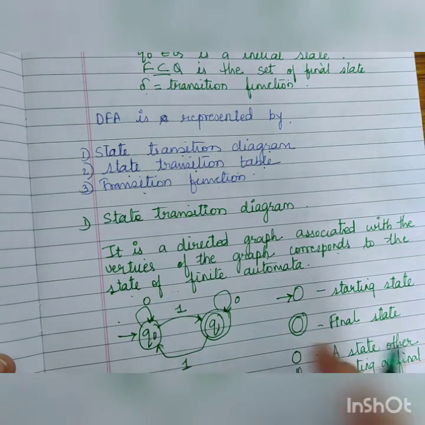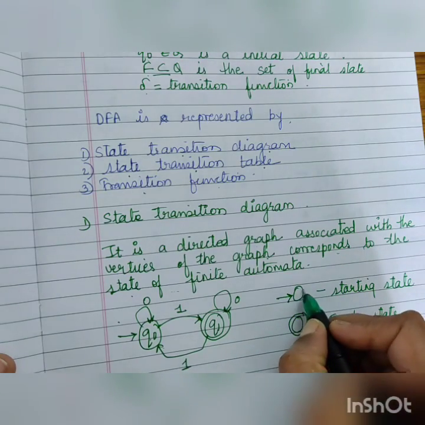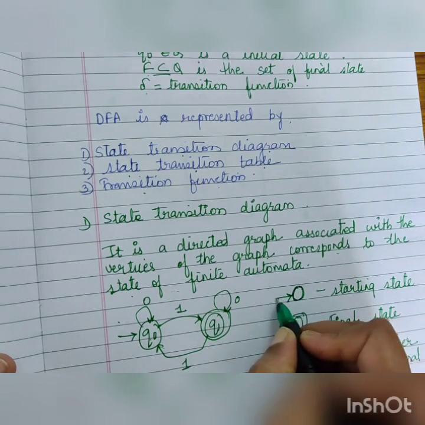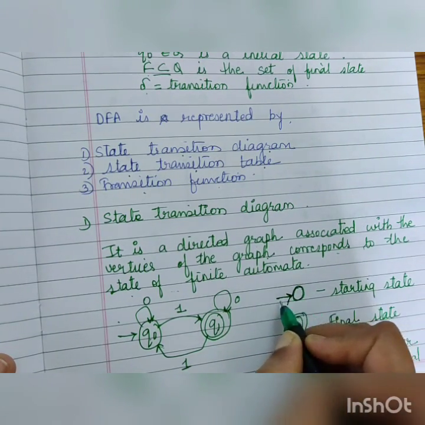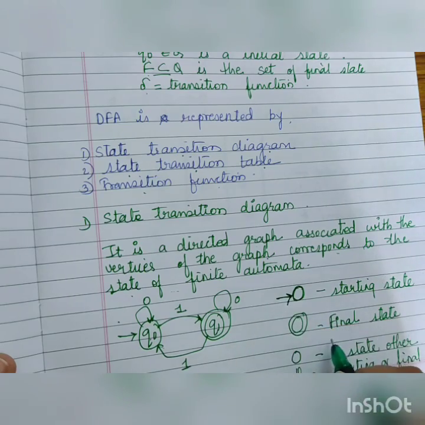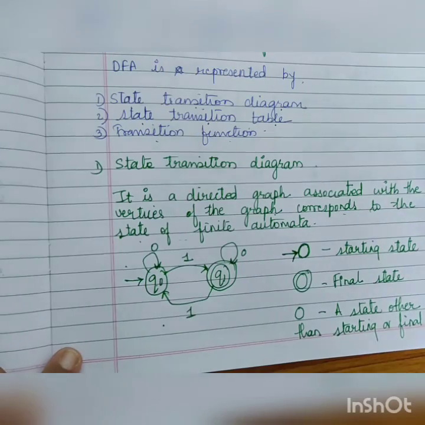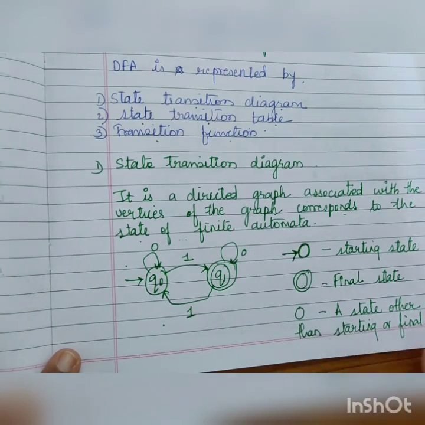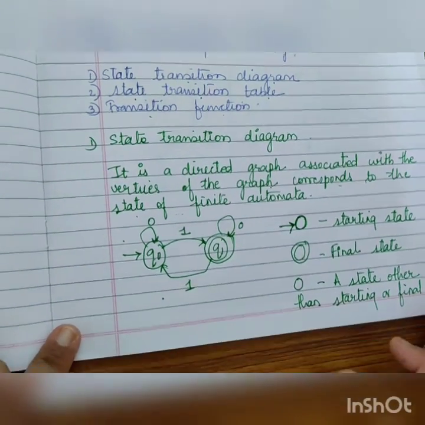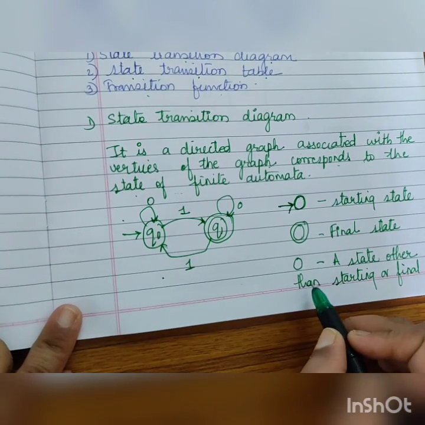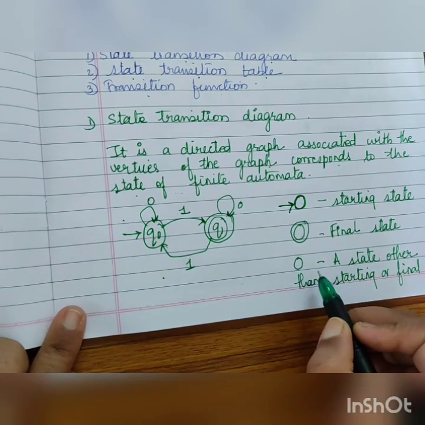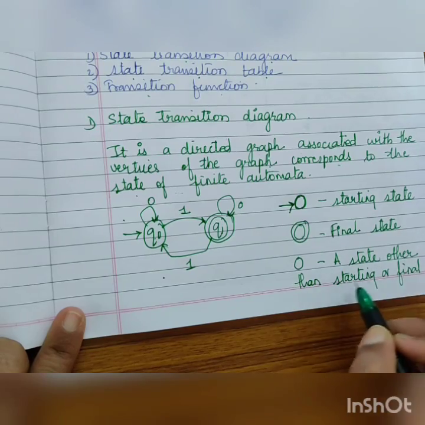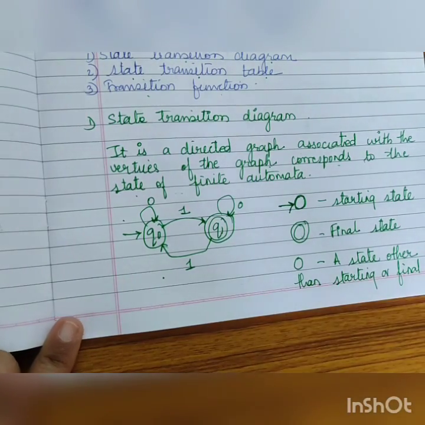The start state is represented by a circle with an arrow. The final state is represented by two concentric circles, and an intermediate state, a state other than the starting or final state, is represented by simply a circle.